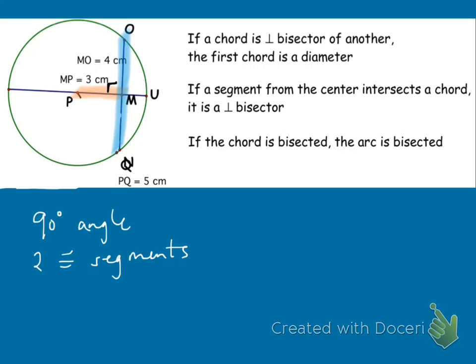And that's happening because it's a segment coming from the center. That's key right there. Segment from the center. If the segment is from the center, even if it's just that little orange segment, it is going to perpendicularly bisect a chord, no matter what.